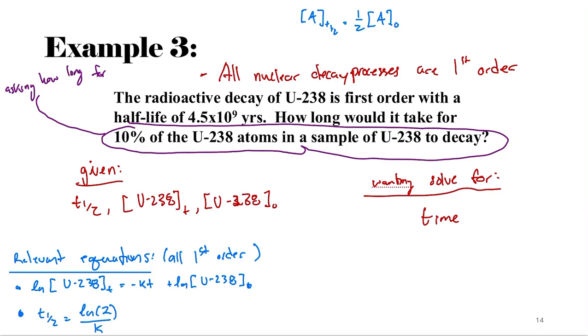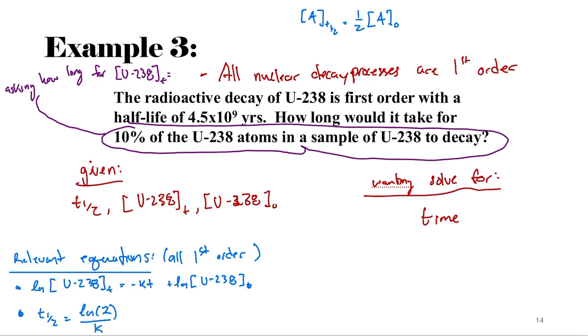Like how would we put that mathematically, that we have 90% of the uranium atoms left? So how long for uranium 238 at time t to equal something times the initial concentration, right? The half-life was 1/2 the initial concentration. For 90%, that should be what times the initial concentration? 0.9 times the initial concentration, right?